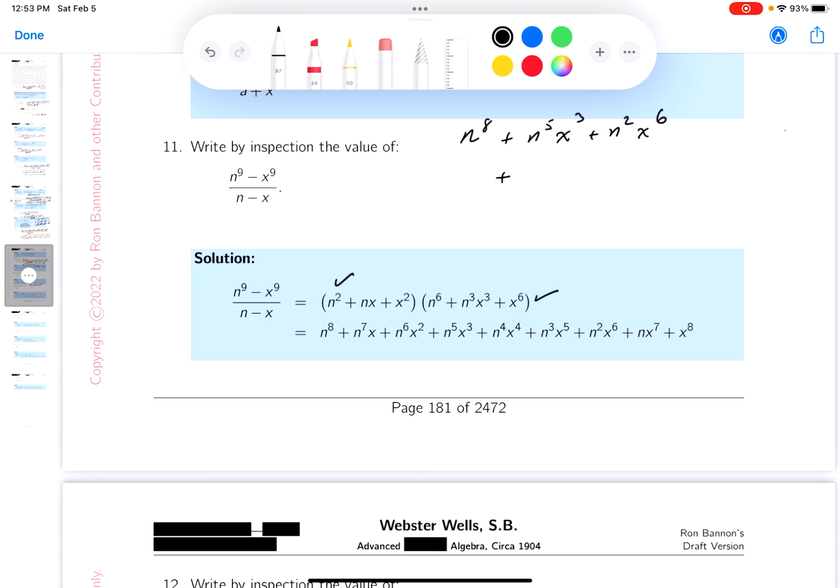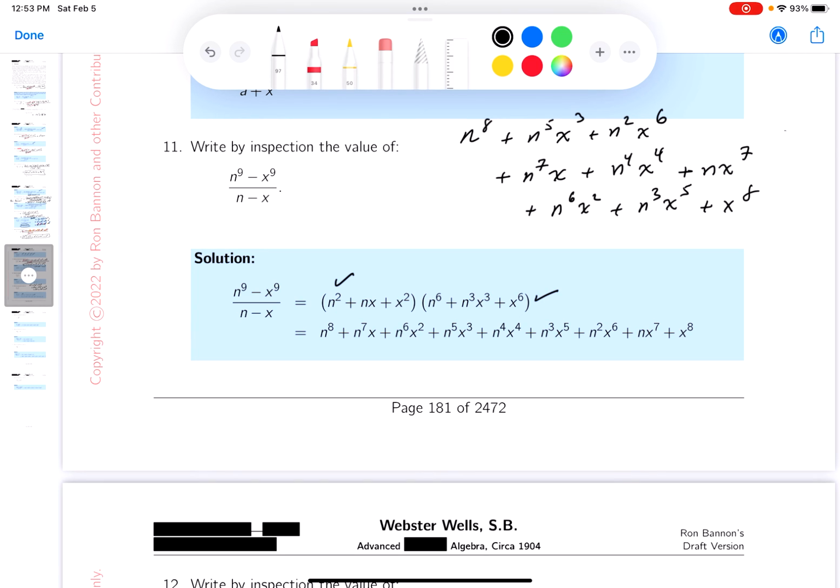Plus n^7x plus n^4x^4 plus nx^7. Now I get to distribute the x squared across those terms. What do you get? Plus n^6x squared plus n cubed x^5 plus x^8.